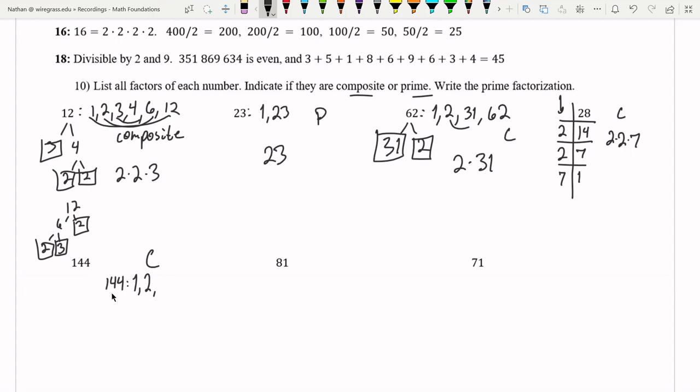The divisibility rule for 3 is add them all up. 1 plus 4 is 5, plus 4 is 9. 3 can go into 9, so 3 can go into 144. Let's see, can 4 go into there? Yes. 2 can go into there, which gives us 72, and 2 can divide 72, so that means 4 can divide 144. 5 cannot. Can 6? Yes, because 2 and 3 can go into there, so 6 can go into there. Can 7? No.